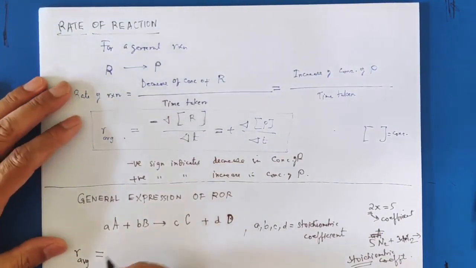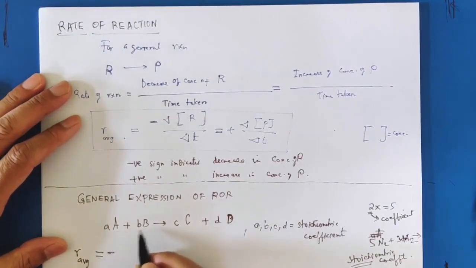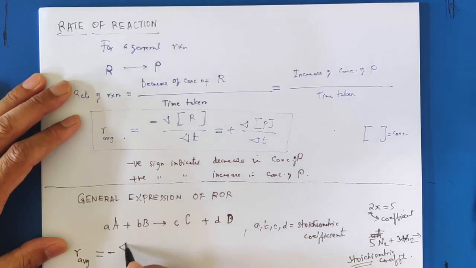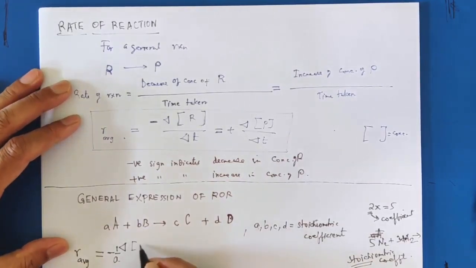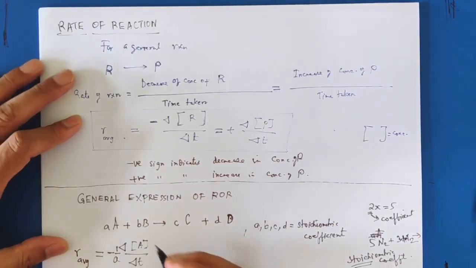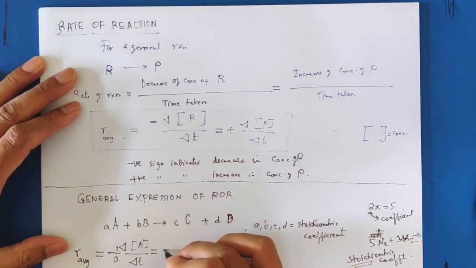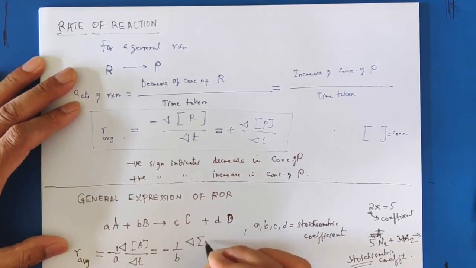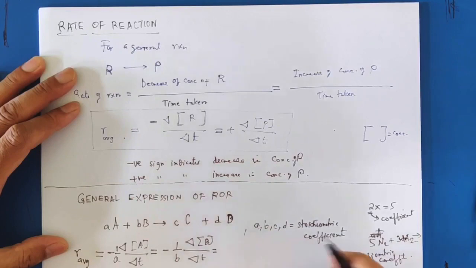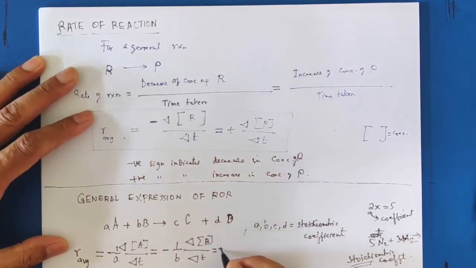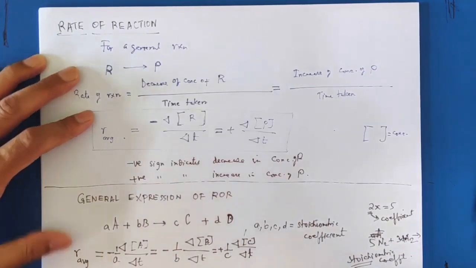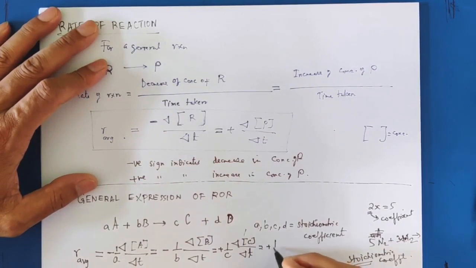So there is a minus on A and B because these are reactants, and the concentrations of A and B decrease. So minus 1 by a, del concentration of A by del t, is equal to minus 1 by b, del concentration of B by del t, equal to the products, which are plus: plus 1 by c, del concentration of C divided by del t, plus 1 by d, del concentration of D divided by del t.